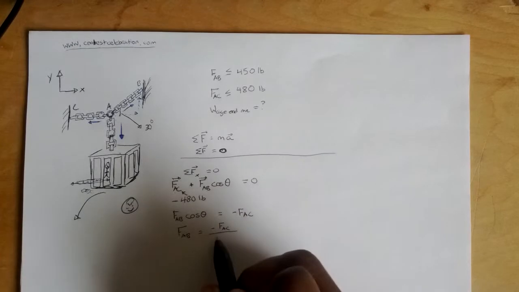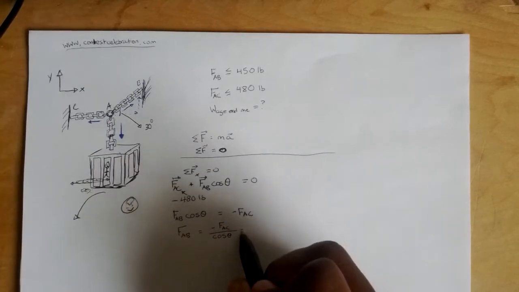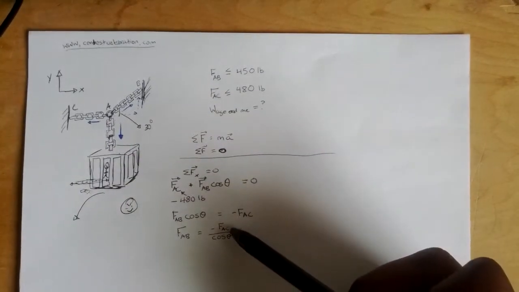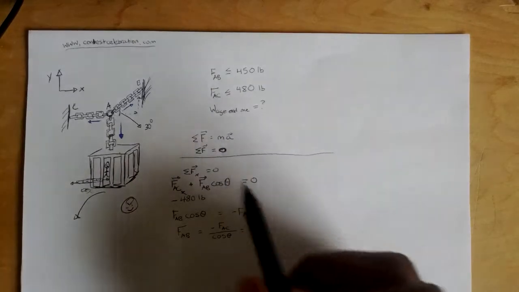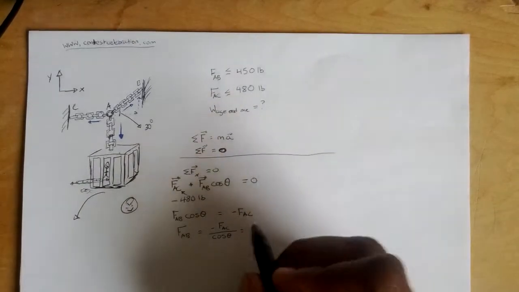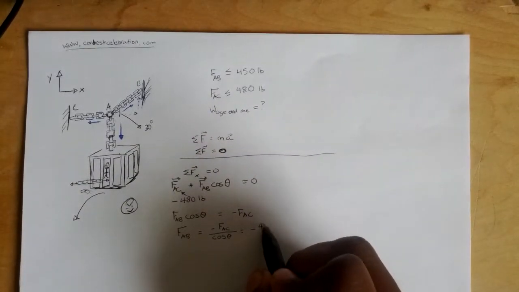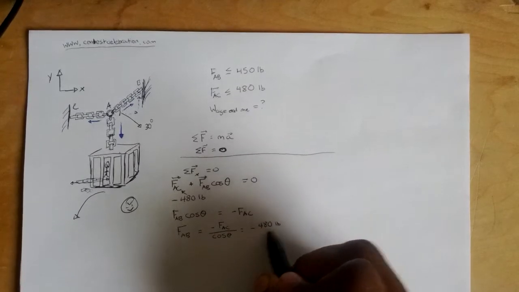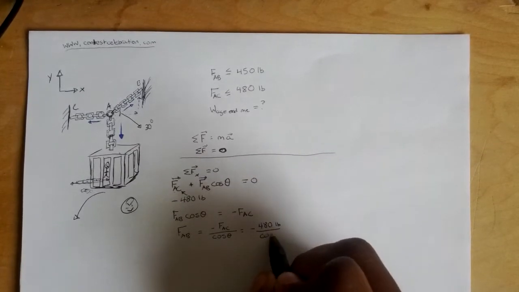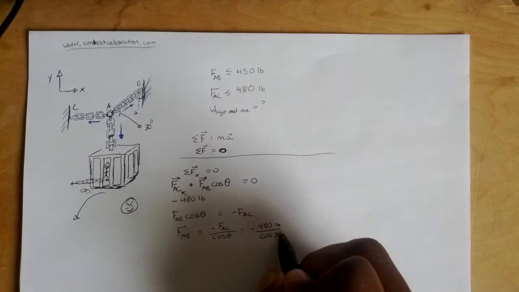So let me get my trusty calculator out after I plug in some numbers. So we said we were going to assume that it's 480. Glad I wrote it because I almost forgot. It's right up there. So it's negative 480 pounds divided by the cosine of 30 degrees.